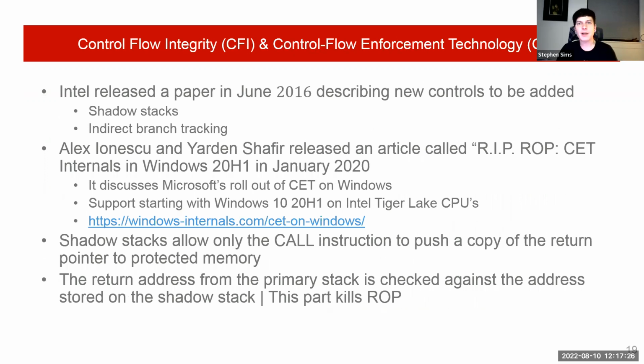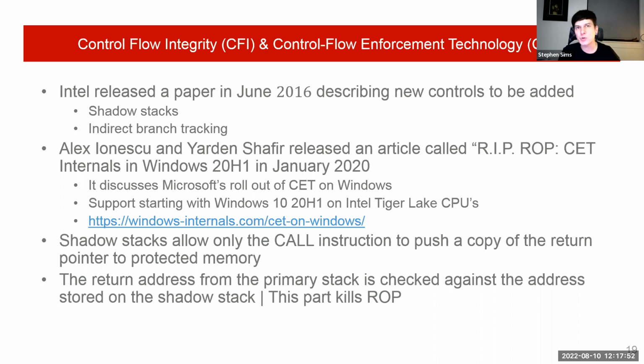Control flow integrity, a lot of these are going to overlap with some of the kernel stuff I'm going to skim through here soon. Control flow integrity and control flow enforcement technology are trying to stop two things: one, return-oriented programming, and two, buffer overflows. Buffer overflows should have been mitigated decades ago.